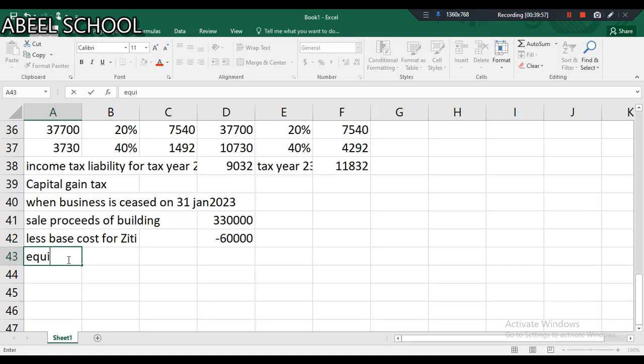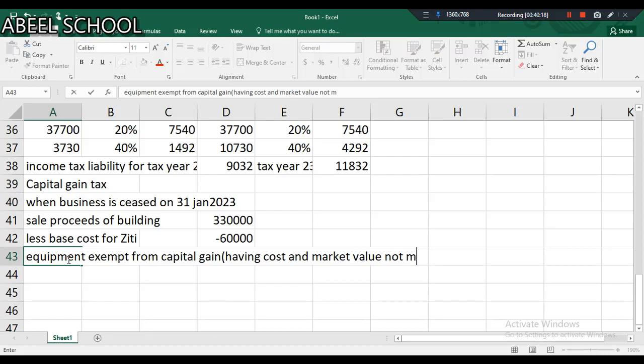Equipment exempt from capital gain, having cost and market value not more than 6,000.